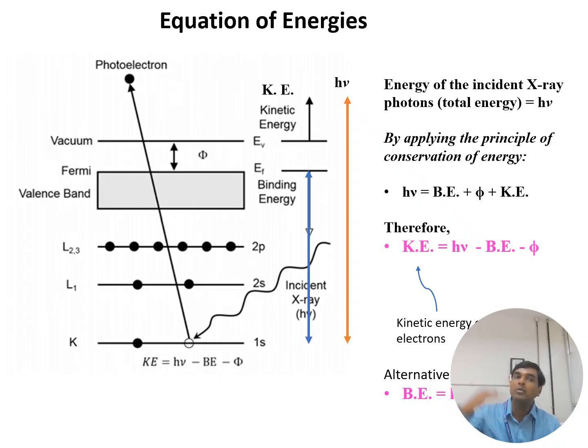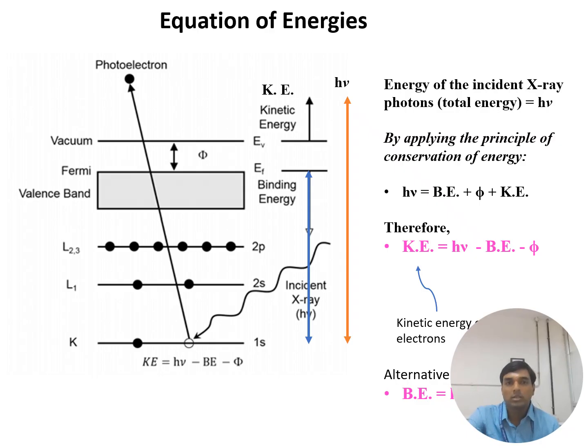Now from the Fermi level to the vacuum, just at the surface of the metal, element or compound, that energy is called the work function. And once it leaves the surface, then the electron will move with kinetic energy.